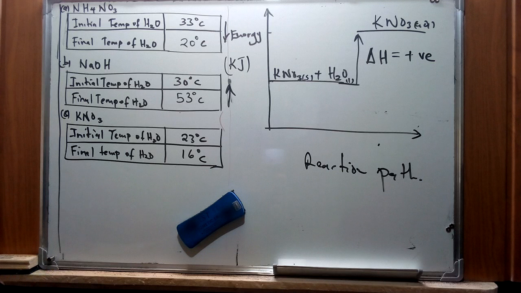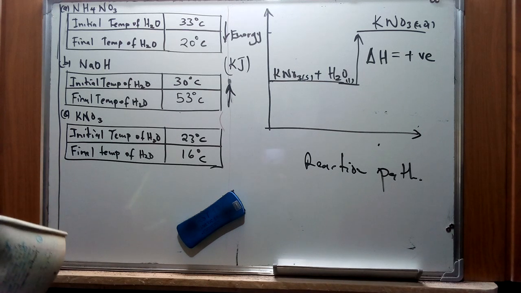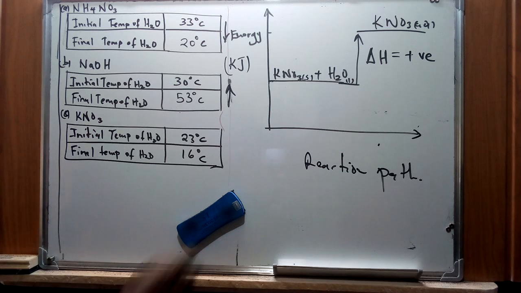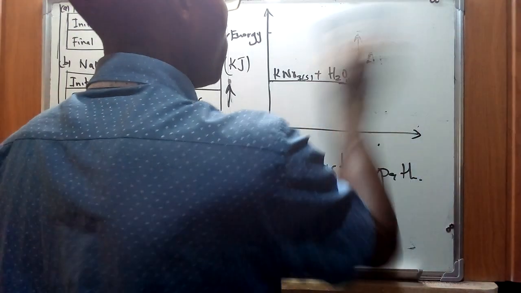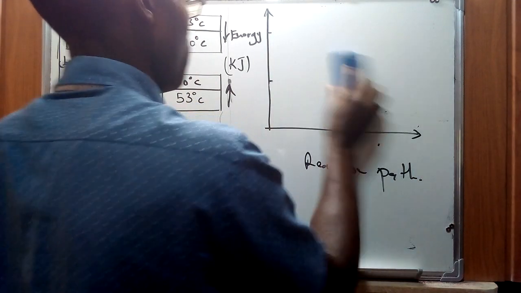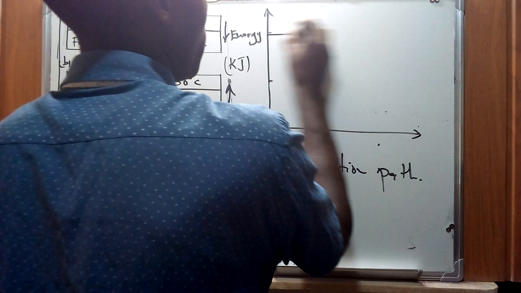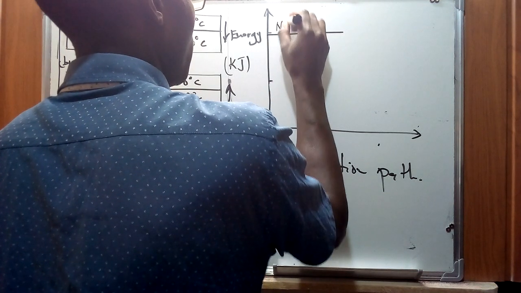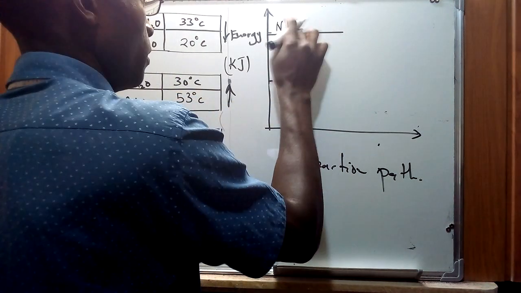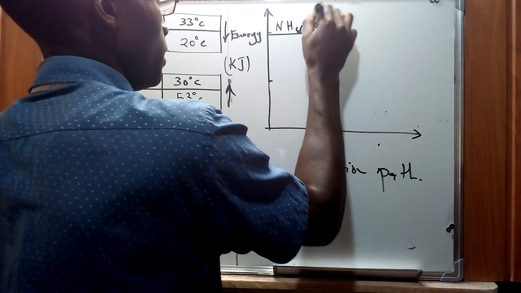So in this case for ammonium nitrate, which resulted in the dissipation of heat, we can as well use an energy level diagram to illustrate how that one can be shown. So therefore you'll find that the energy for the reactants is more than the energy for the product. So that is ammonium nitrate.